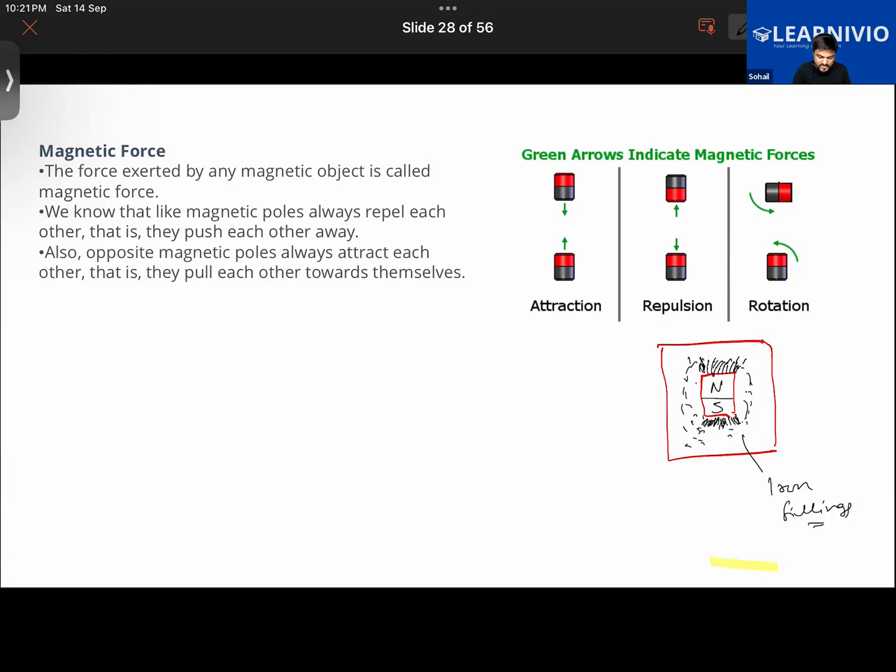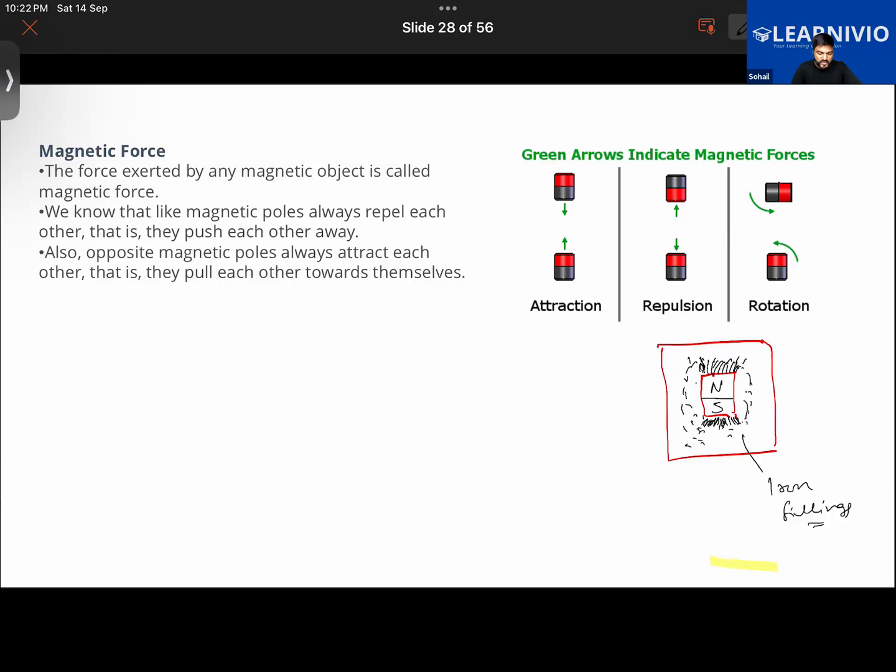While opposite poles, one north and another south, will always attract each other; they pull themselves towards each other. So magnetic force is basically attraction or repulsion that arises because of the like or unlike poles. Is that clear?